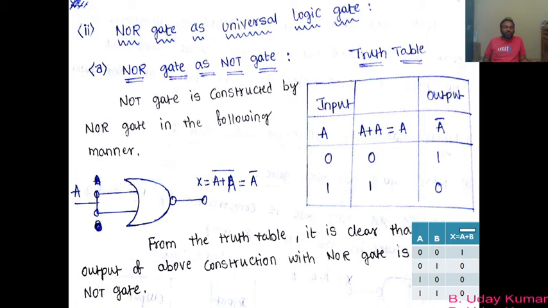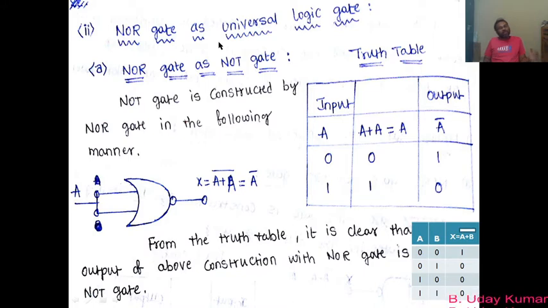Now coming to our topic, this slide consists of a gate which is constructed in such a way that it acts as a NOR gate. So our topic is the NOR gate as a universal logic gate. As I just mentioned, universal logic gates are the gates which are used to construct the basic gates, and examples are the NAND gate and NOR gate.